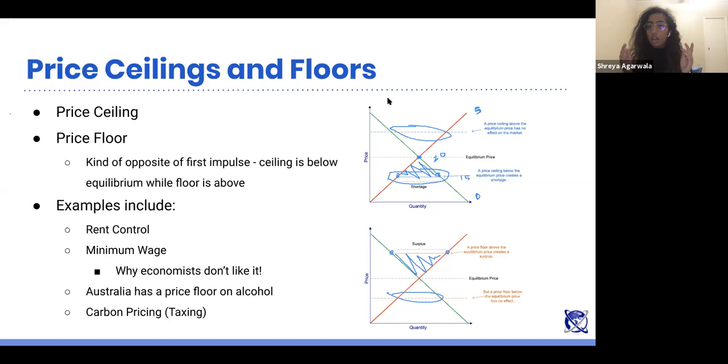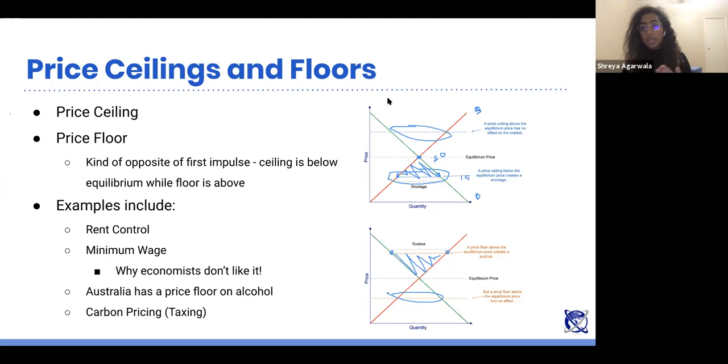If an alcoholic beverage normally costs $5, they're going to force companies to charge $10 instead. The reasoning was they wanted to de-incentivize people from drinking alcohol to reduce alcohol-related crimes in the area. Instead of implementing a full ban on alcohol, they implemented a price floor.